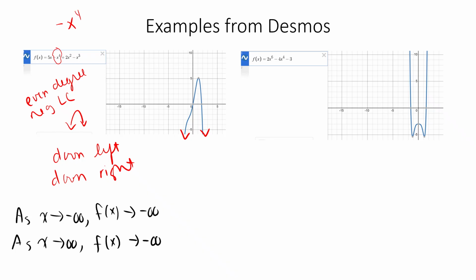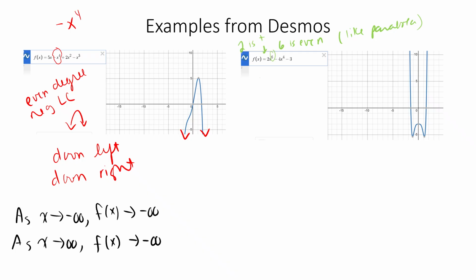All right, last one. We've got this one, f of x equals 2x to the sixth minus 4x squared minus 3. And what I notice right there is 6 is even, which tells me it's like a parabola in terms of the end behavior. It's clearly not a parabola. You can look at the graph, not a parabola, but the end behavior is like a parabola, and the 2 is positive.